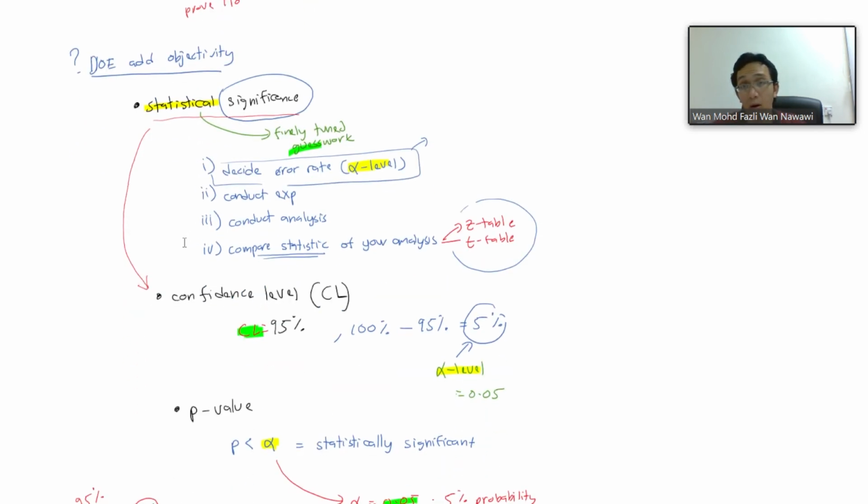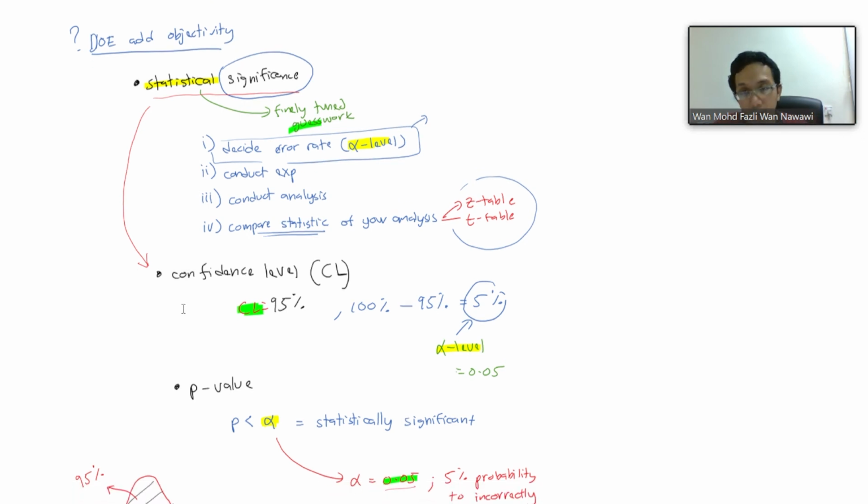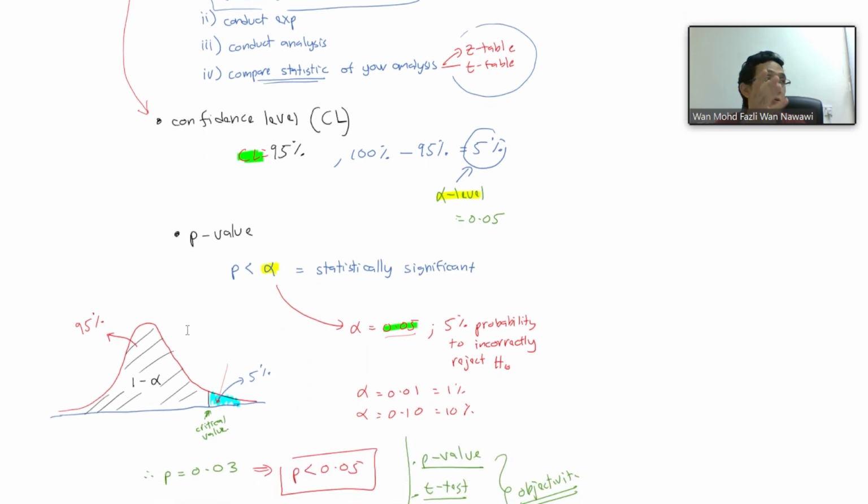Because remember, after all, statistics is not an exact science. You just want to be confident about that thing. Even if you don't use DOE, you just do the experiment, trial and error, you still get a result, right? But when people ask for the evidence, whether it is really the result, whether you tested other factors, you cannot answer.